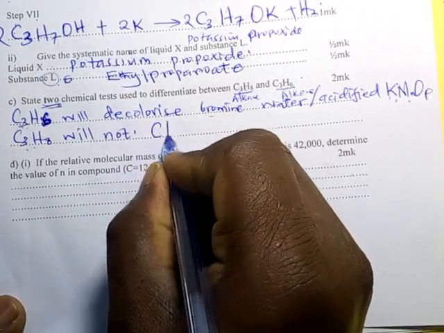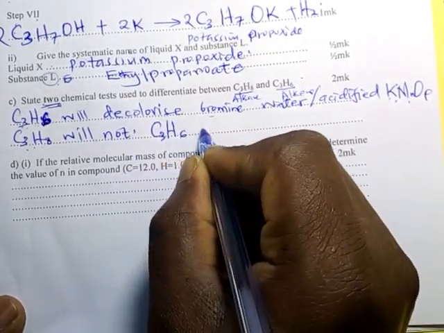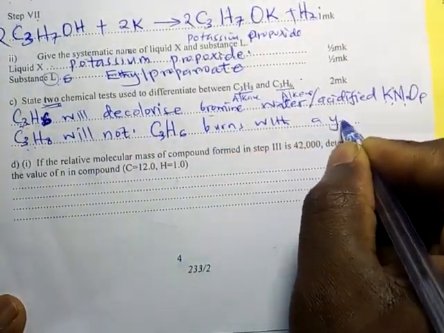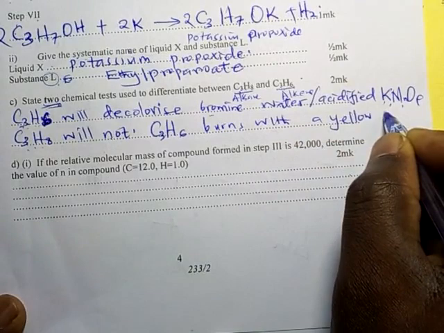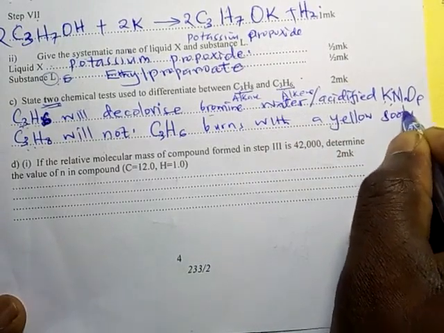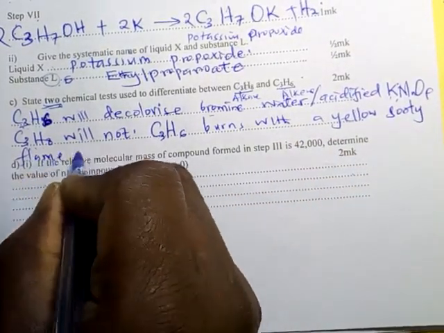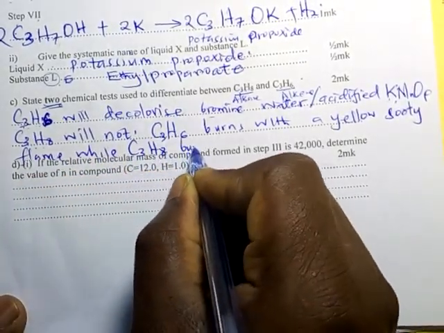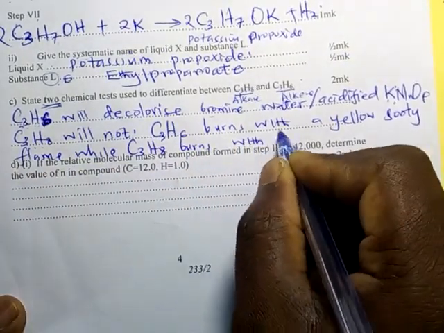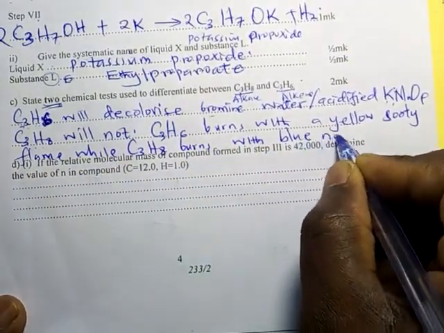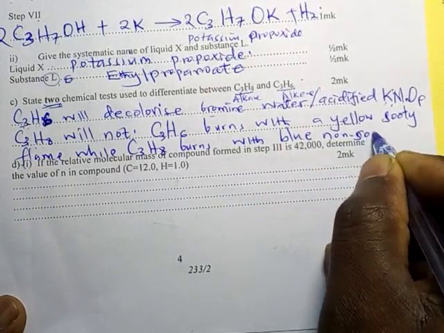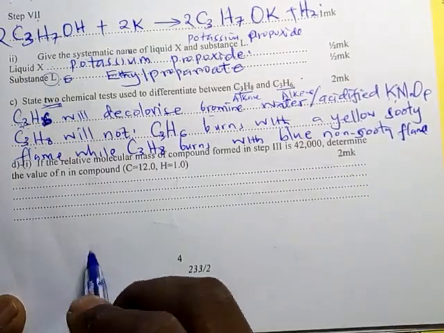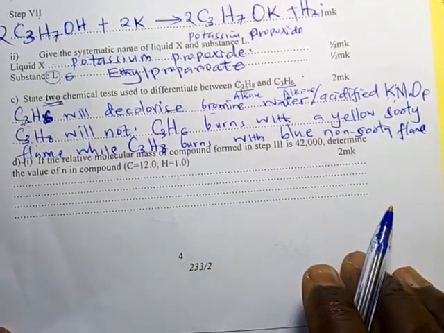Therefore, C3H6 burns with a yellow sooty flame, while C3H8 burns with a blue non-sooty flame. So by burning, you can differentiate them like that.